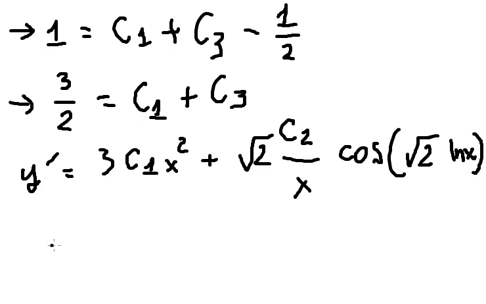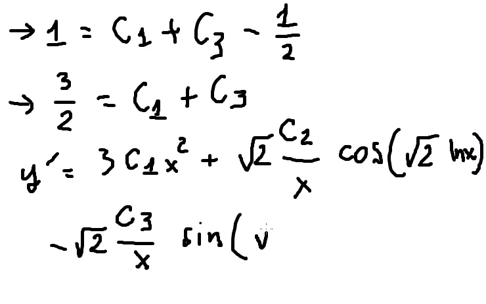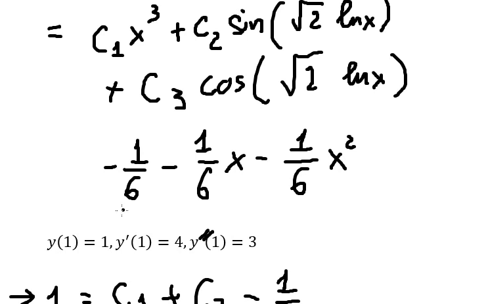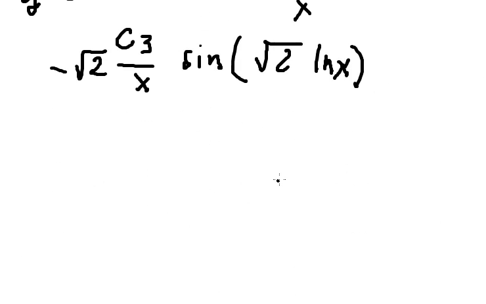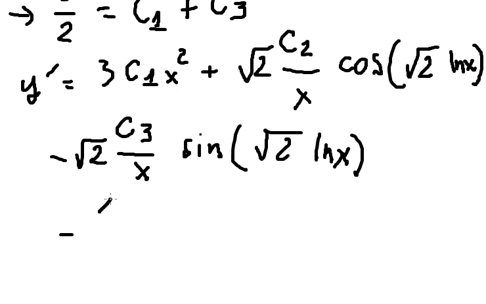And the next one we have negative c3 over x with the square root of 2 sine of the square root of 2 ln x. So this one we have 0, this one we have 1, this one we have 2x, and now we have like this.